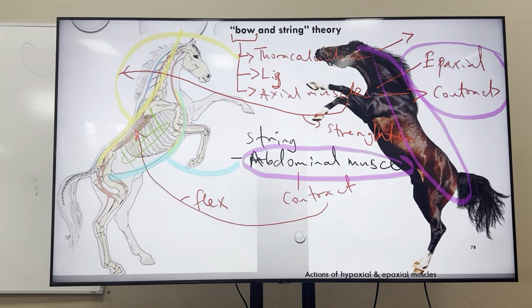The reason I bring together the thoracolumbar vertebrae and the ligaments is that they act together with the epaxial muscle to bring about this rearing position.